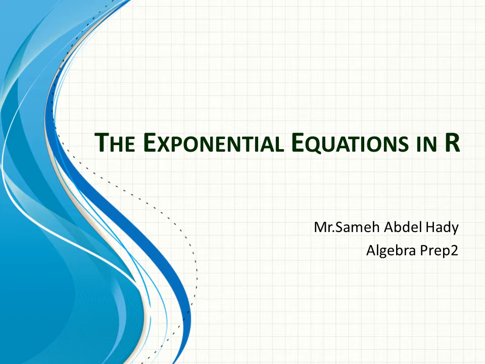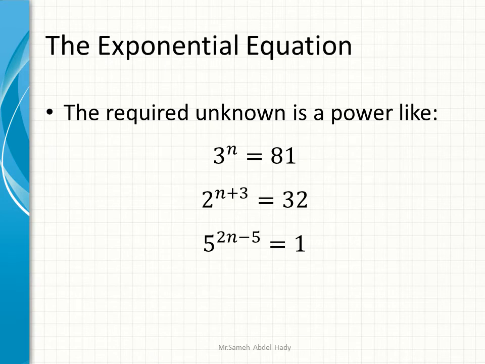Let us talk about the exponential equation in R. At the first step, we have to know what the exponential equation is. In an exponential equation, the required unknown is a power, like n in these equations.